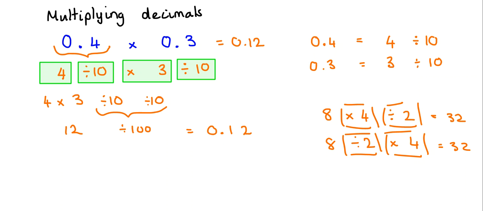Now, to see whether you truly understand, I can give you a different one. After you've written this, maybe you can answer 0.5 times 0.04 and see whether you can work that out.